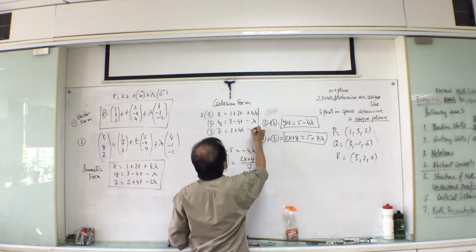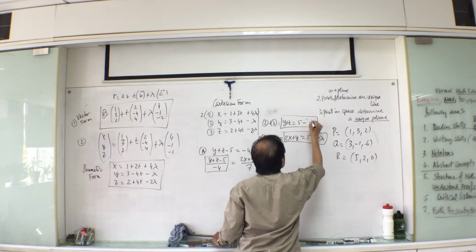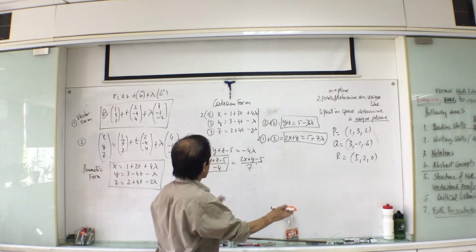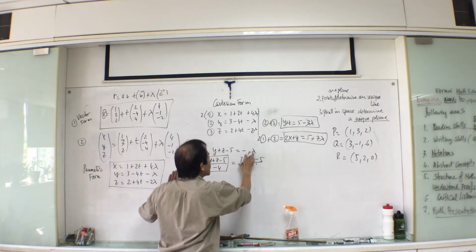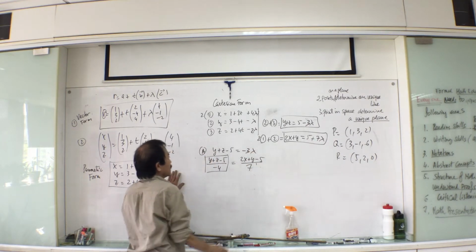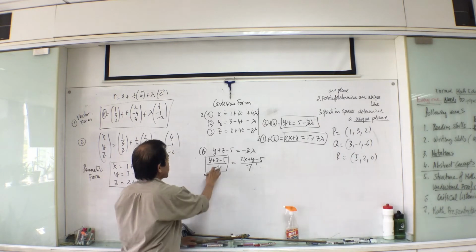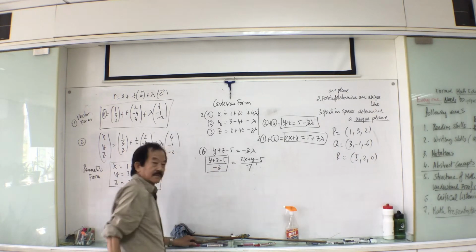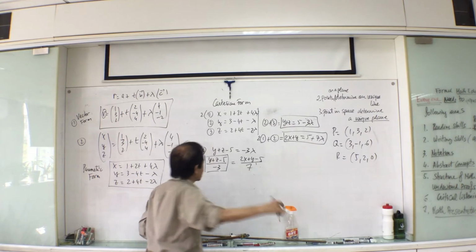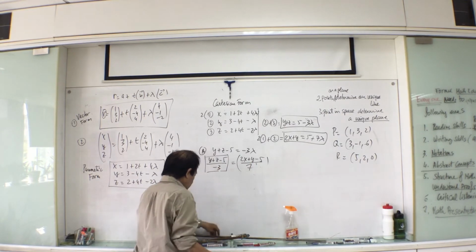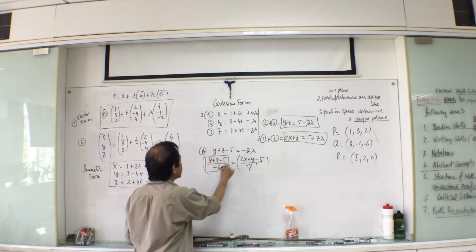So this one is minus 3. Okay, so I don't want to write minus 4, so minus 3 here. So divide by minus 3. So now how to simplify this?